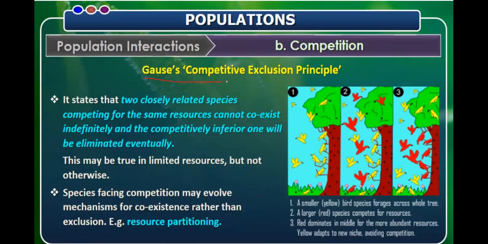Next is Gause's competitive exclusion principle. It states that two closely related species competing for same resources cannot coexist indefinitely.